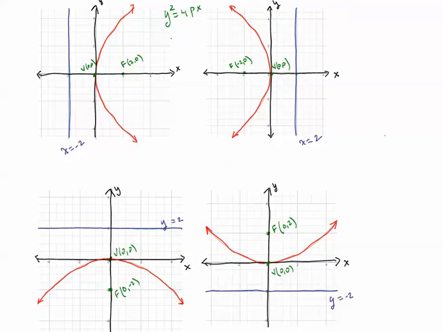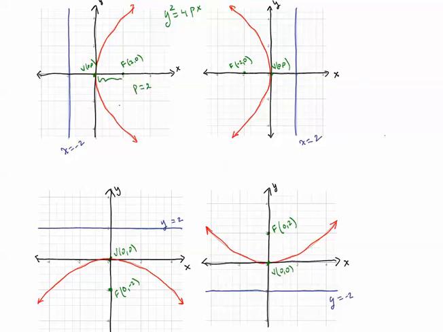This is the equation if the parabola opens to the left or to the right. If it opens toward the positive side of x, then p is positive; here p is equal to 2.